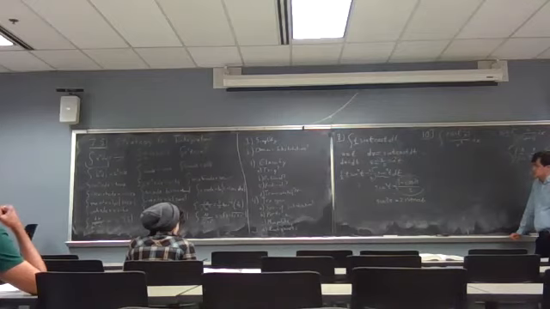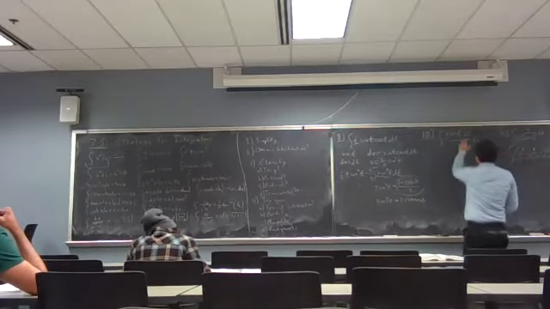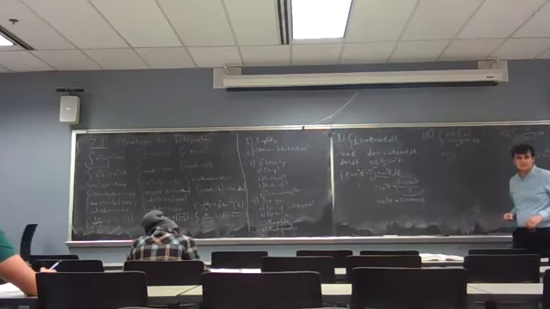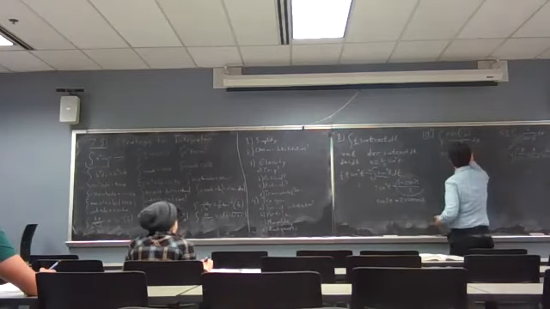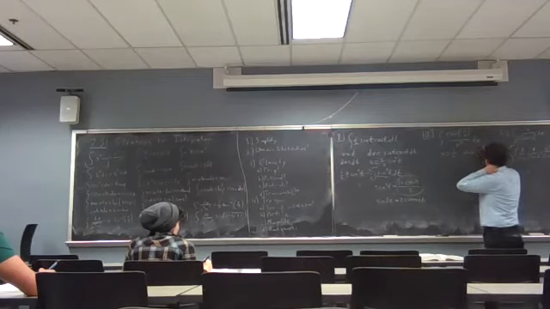There's kind of an obvious substitution here, not really, but I could say u is 1 over x, correct? And so what would du be in that case? Yeah, it's negative 1 over x squared dx, right?